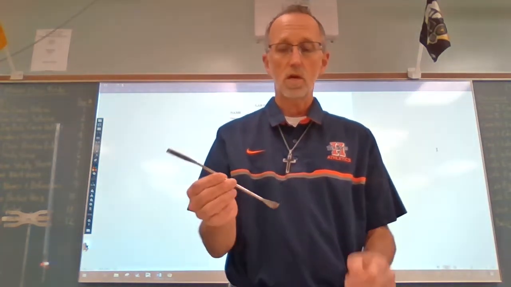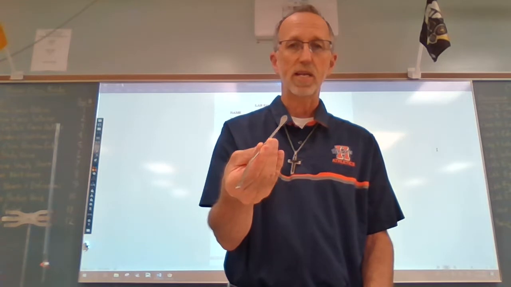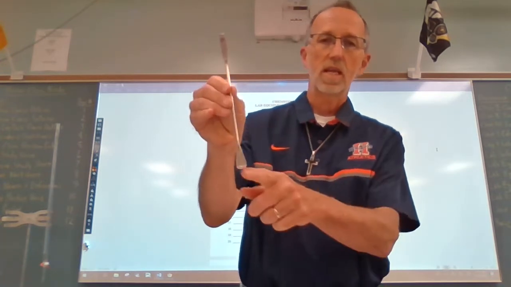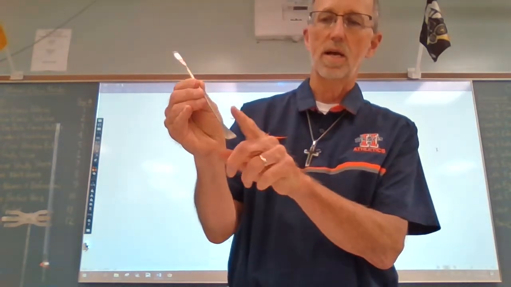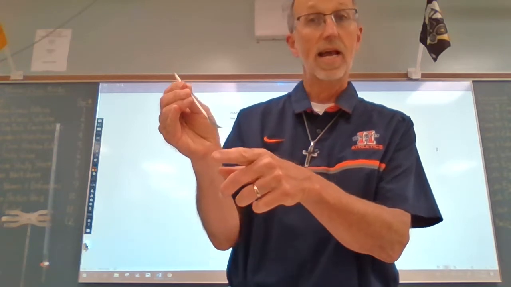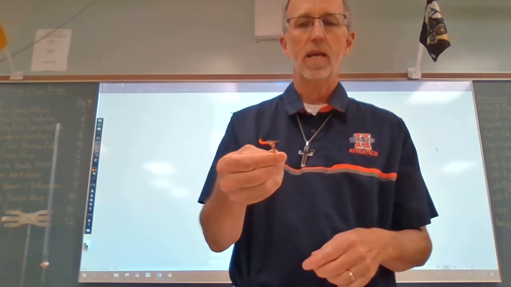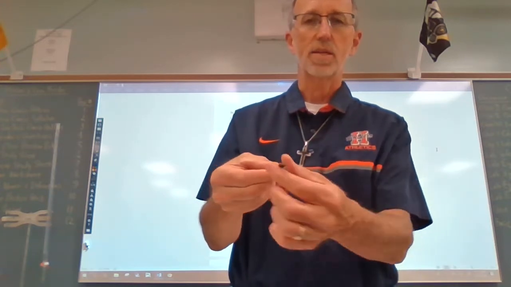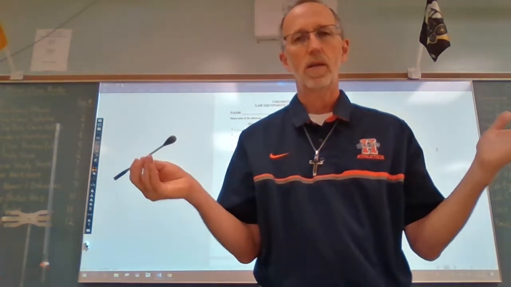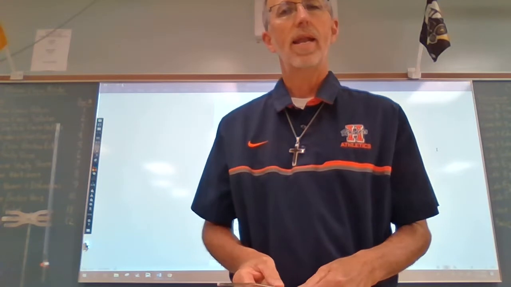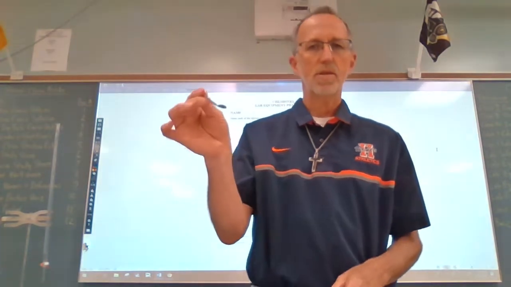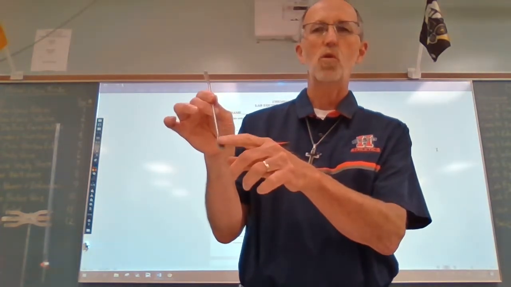Now, one thing I want you to notice is the spatula has 2 ends you can use. This end down here is more rounded, kind of like a spoon, and much wider. On the other end is flat, and it's also much narrower. So, when do you use which one? 9 times out of 10, I'm using the spoony type end.